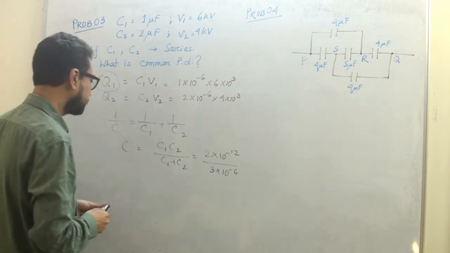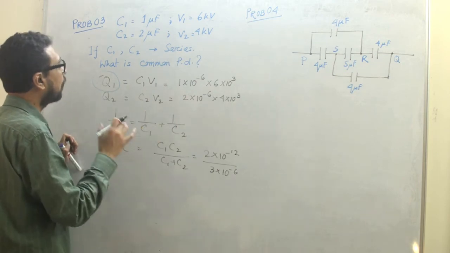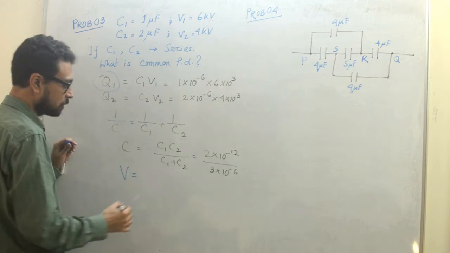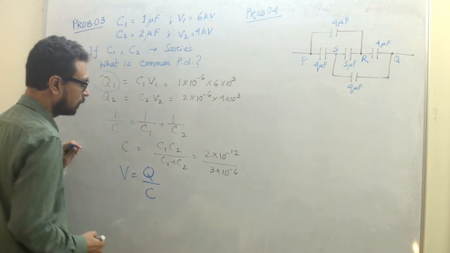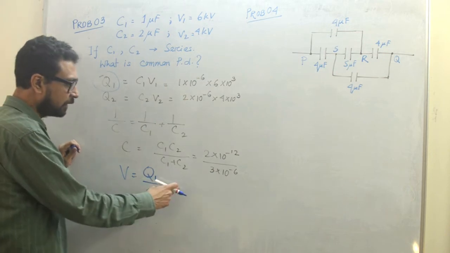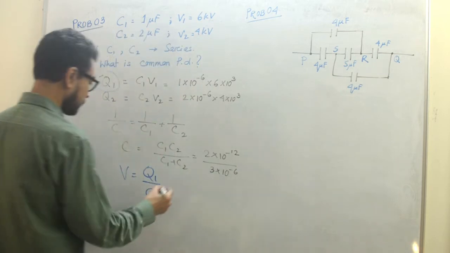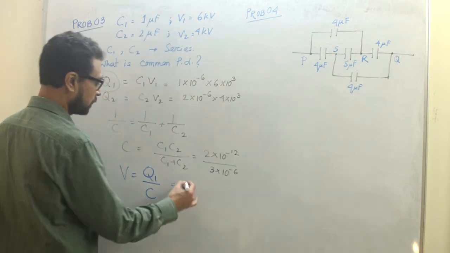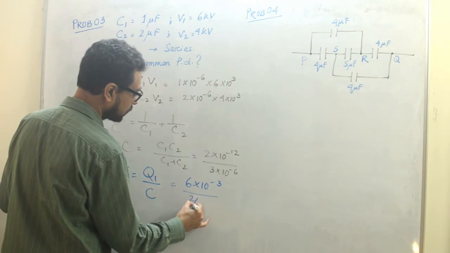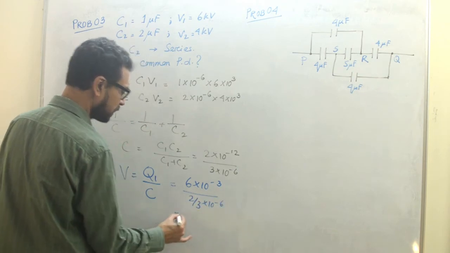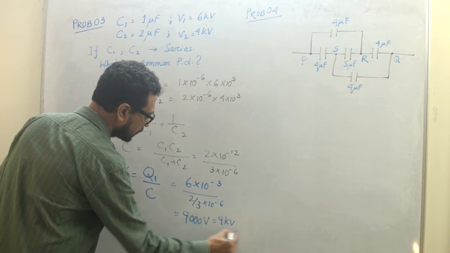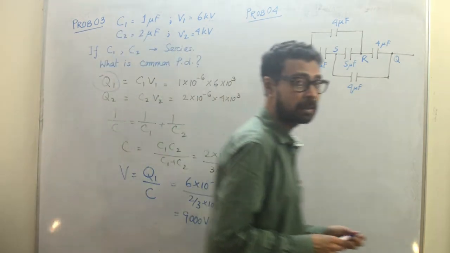So the common PD is given as V equals Q1 by C. Putting in the values, it is 6 into 10 to the power minus 3 divided by 2/3 into 10 to the power minus 6, which is around 9000 volt, that is 9 kilovolt. So 9 kilovolt is the answer.